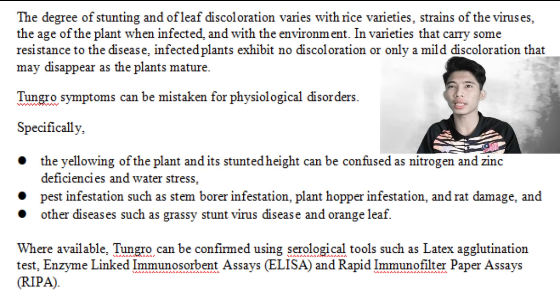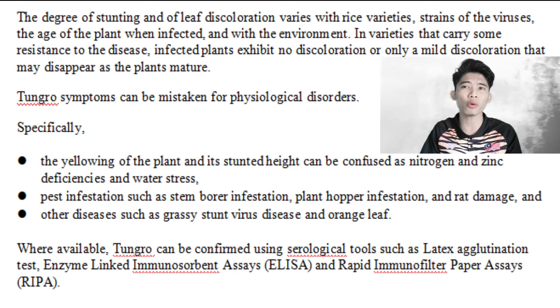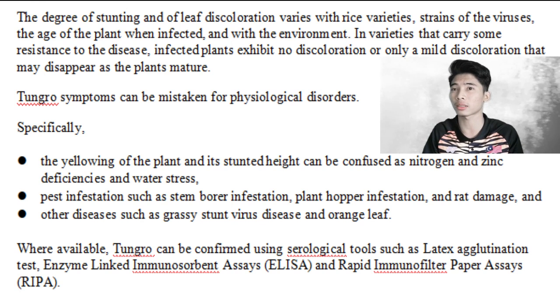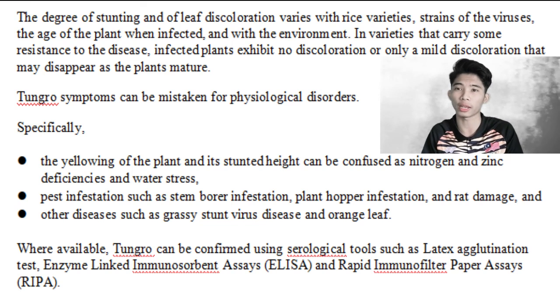Specifically, the yellowing of the plants and their stunted height can be confused with nitrogen and zinc deficiencies and water stress. Pest infestations such as stem borer infestations, planthopper infestations, and rat damage, and other diseases such as grassy stunt virus disease and orange leaf can also be confused with tungro.